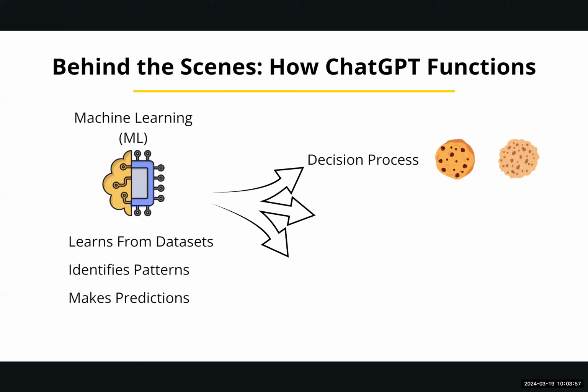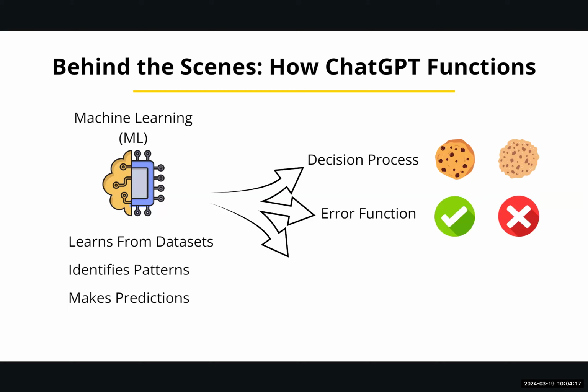Then by looking at these, it's going to start guessing which ones are chocolate chip. So eventually you take the labels off and it starts guessing. So now you're having the computer actually make predictions about the pattern that it sees, okay? Again, you've given it a data set and now it's trying to identify patterns based off what it's learned and make its own predictions, okay?